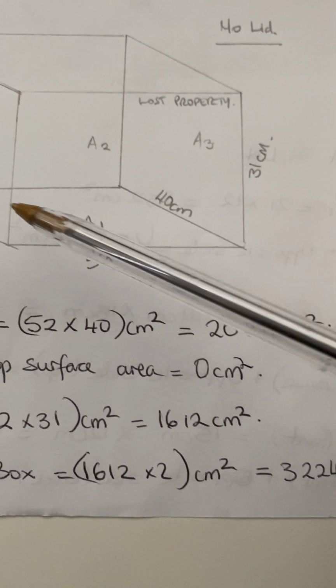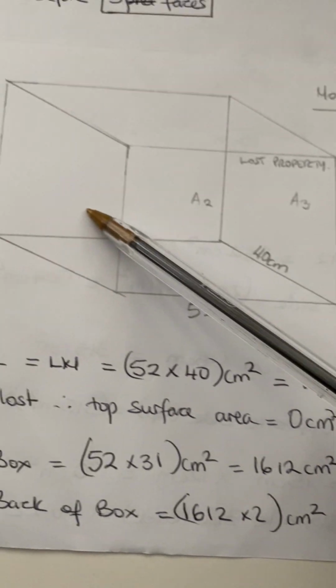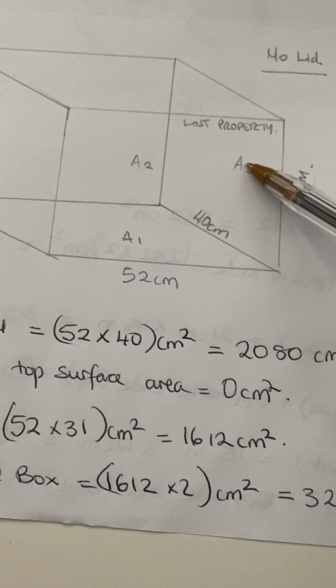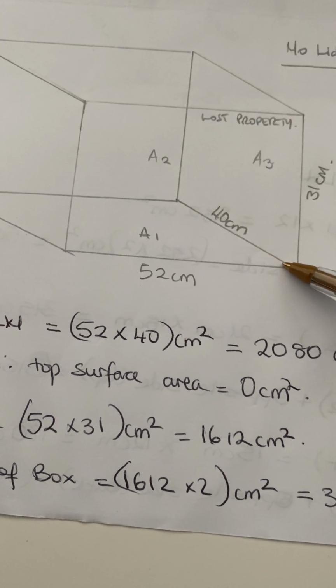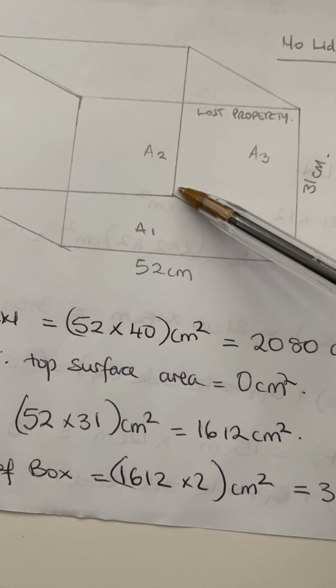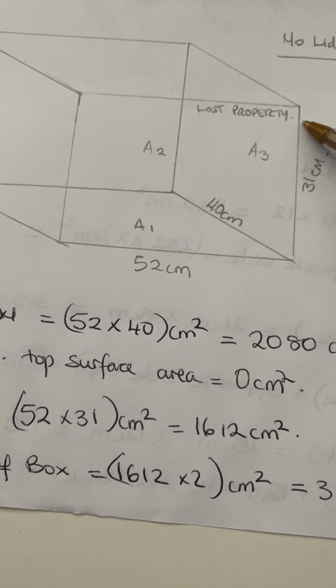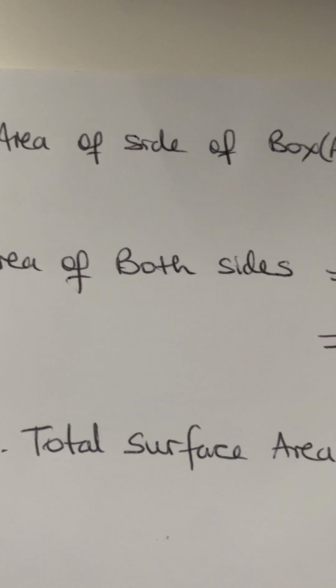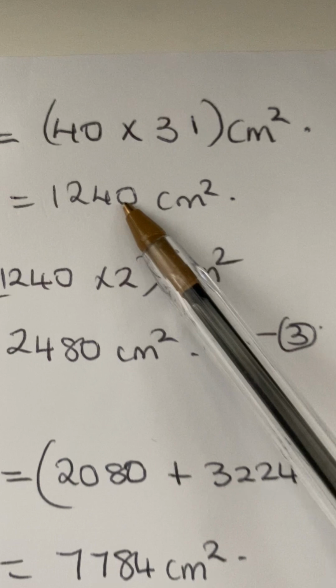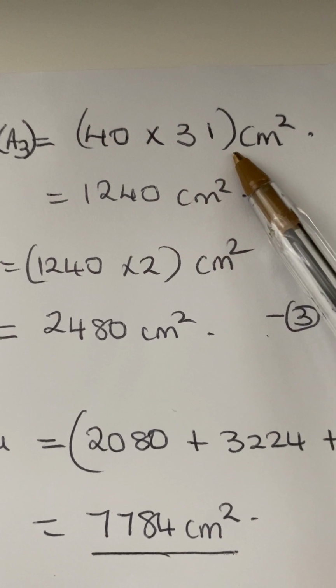Now we need to find the area of one side here and multiply by 2. If you look at the measurement on this side, it's 40 by 31. So the area of the side of the box is 40 by 31.